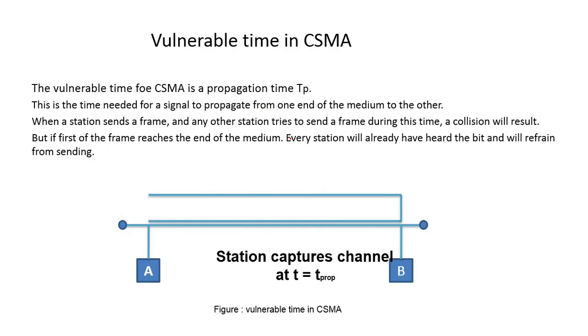Now again, if we look at carrier sense multiple access, what happens? There are multiple nodes, so let me draw once again.